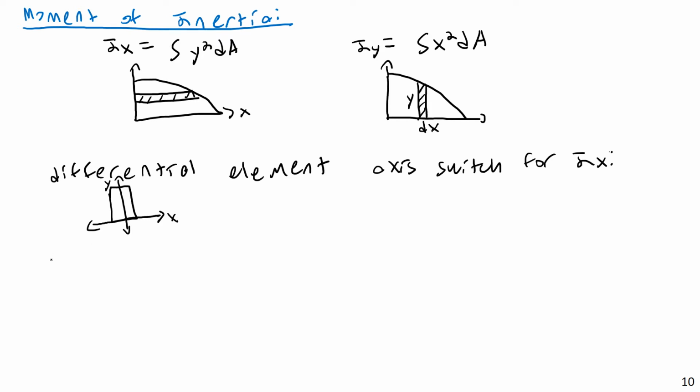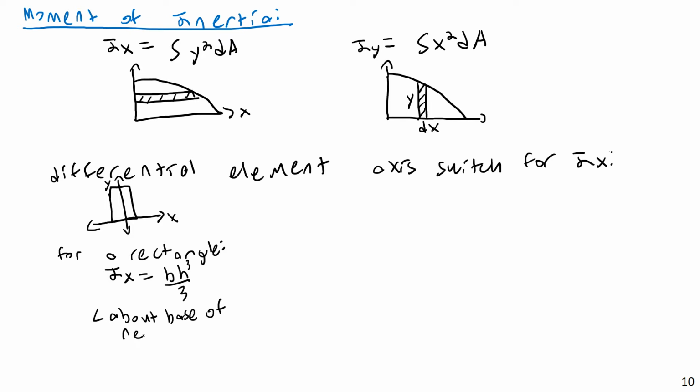For a rectangle, Ix is equal to b h cubed over 3 when you are doing this about the rectangle's base. We can actually use this as a way of shortcutting the basic Ix formula.